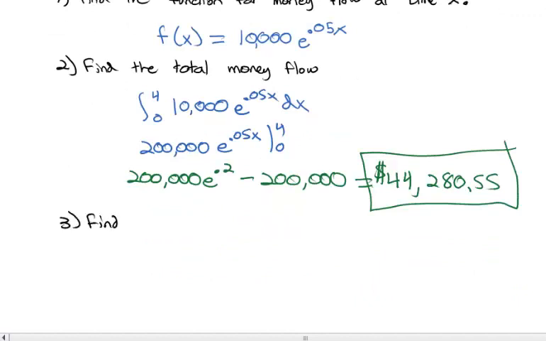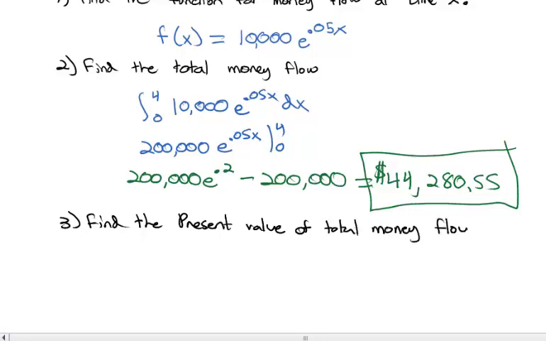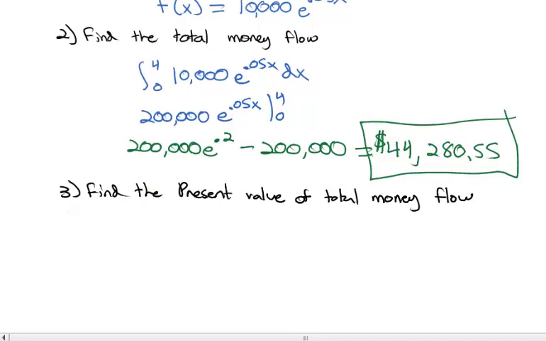We also can find the present value of the total money flow. The present value is how much that money would be worth as a lump sum today instead of continuous income over the next 4 years.